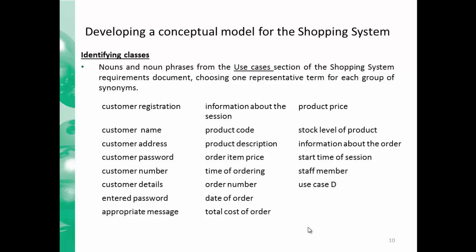For example, if you look at the candidate classes customer name and customer address, clearly, as we have learned from the guidelines of rejecting irrelevant classes in Unit 3, the customer name is the name of the customer, and that's an attribute for the customer. But the customer itself, as a noun, is a good candidate for a class. This is something that we have done before. You need to practice it and to check your answer against the ideal answer given in the unit.